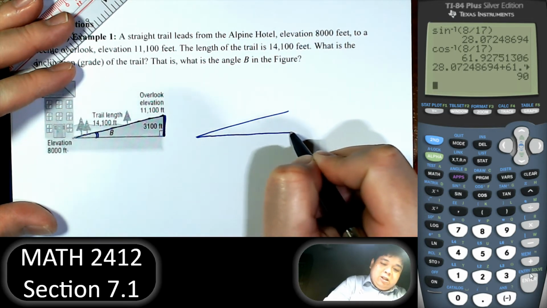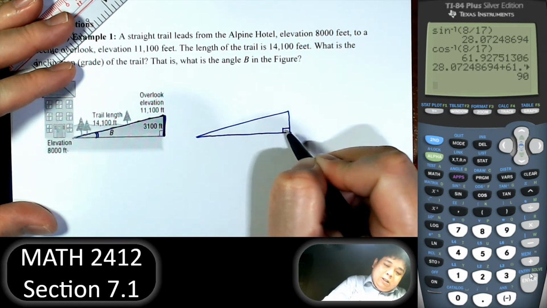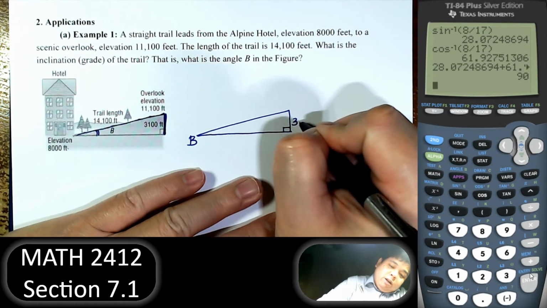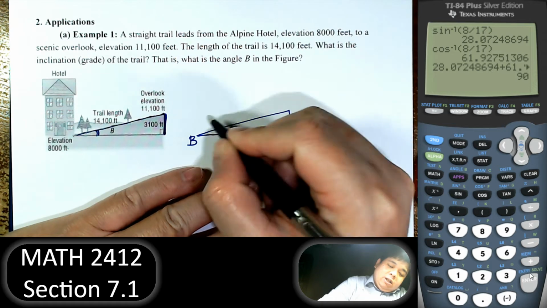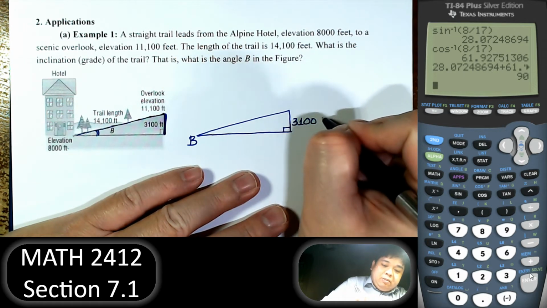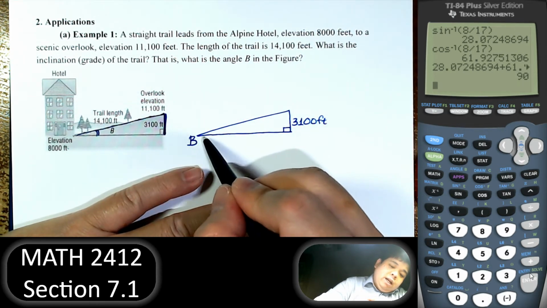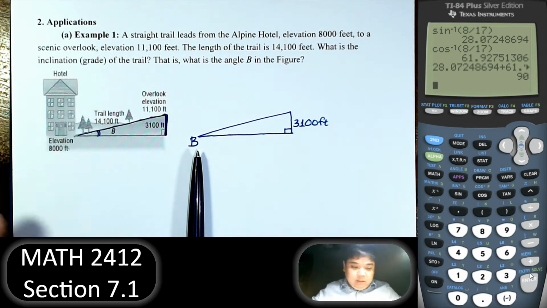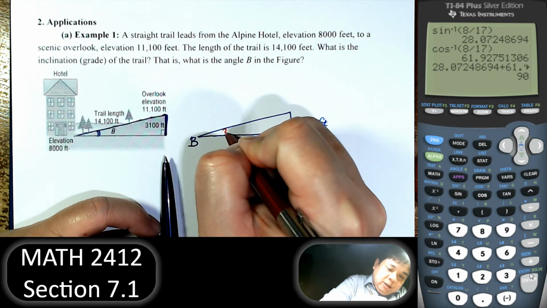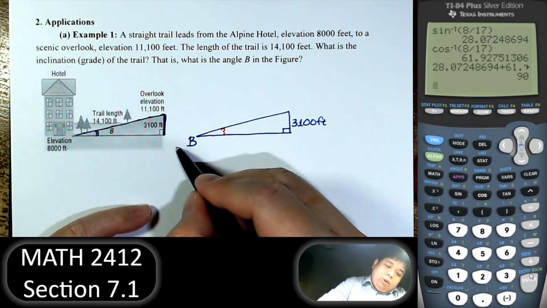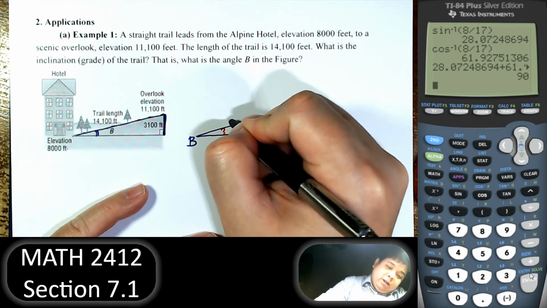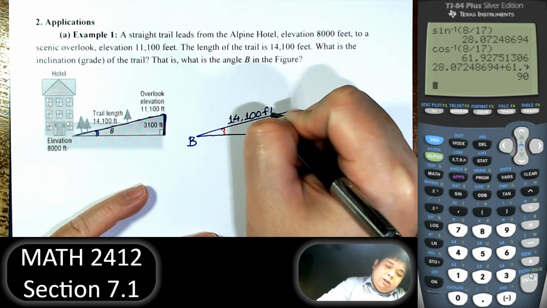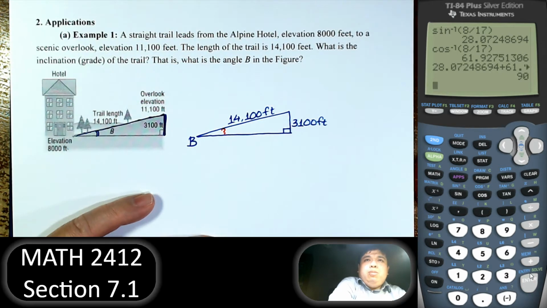This is angle B, and we have 3,100 feet, the difference in altitude, and we need to find the angle B, knowing that the trail is 14,100 feet. Right, so that's simple enough, right?